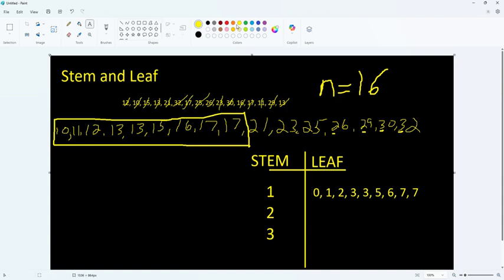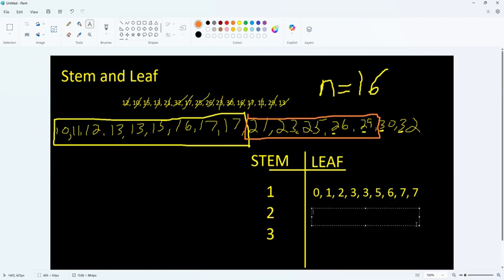All right, and then we're going to do the things that are in the 2s. So from here to here is in the 2s. We don't have a 0, but we have a 1. We have a 3. We have a 5, a 6, and 9.